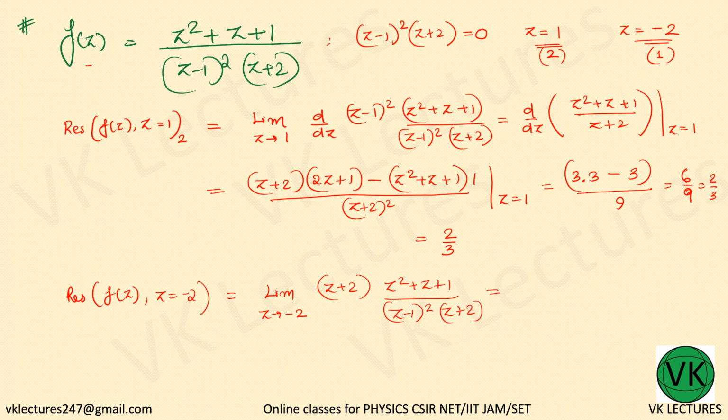So that is the limit as z tends to minus 2 of (z squared plus z plus 1) divided by (z minus 1) squared. At z equal to minus 2, the denominator is minus 3 squared, that is 9, and the numerator is 4 minus 2 plus 1, that is 3. So that is equal to 1 by 3.